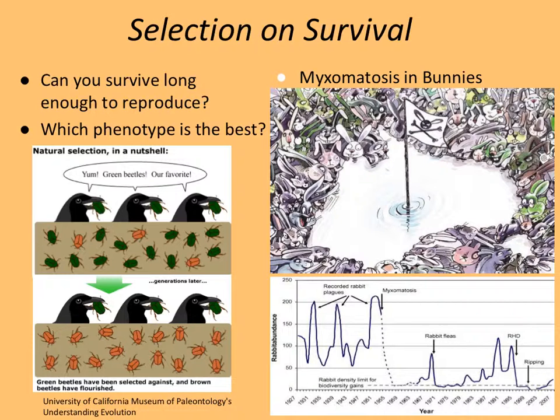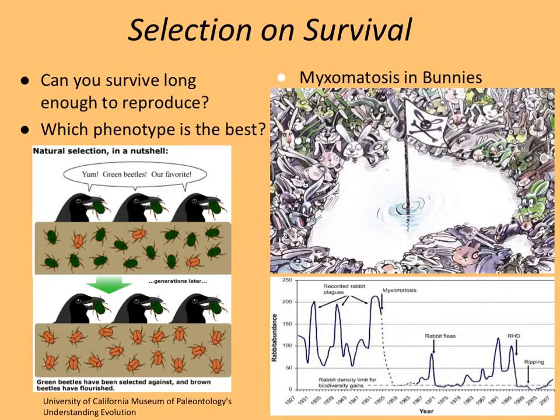Well, they found this virus in South America that the rabbits there have. And they found out that it worked on these other rabbits to the point where it killed about 99.8% of the rabbits. It's called myxomatosis.